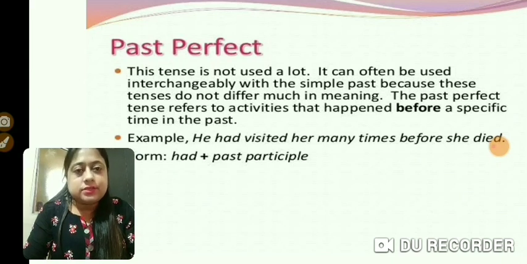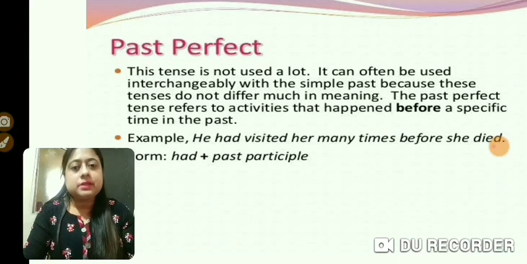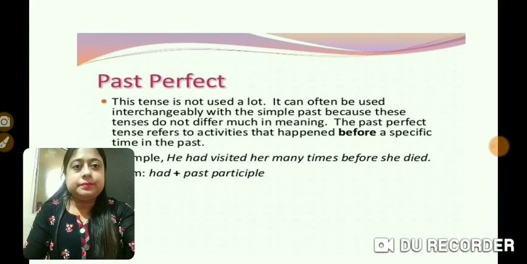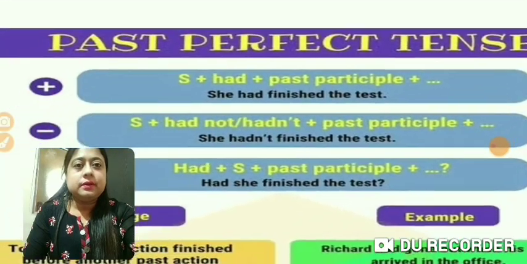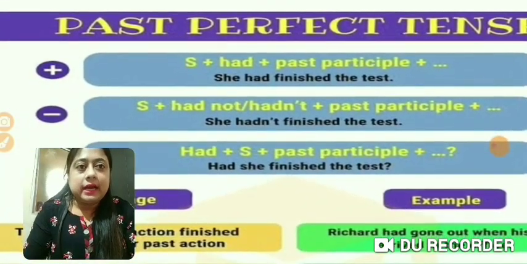And what is the structure? Had plus past participle form of the verb. Let us see. In positive, subject plus had plus past participle. For example, she had finished the test.